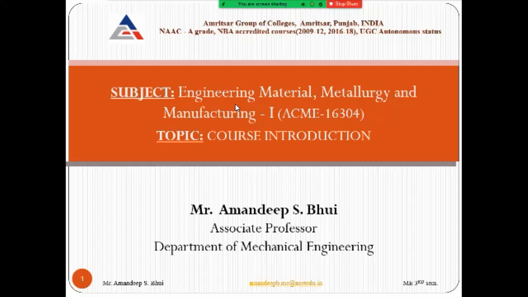Now, the name of the subject is engineering materials, metallurgy, and manufacturing. The term engineering materials is associated with those materials that we use in the things or equipment that we use in our daily life.